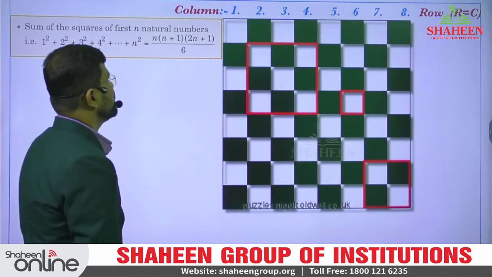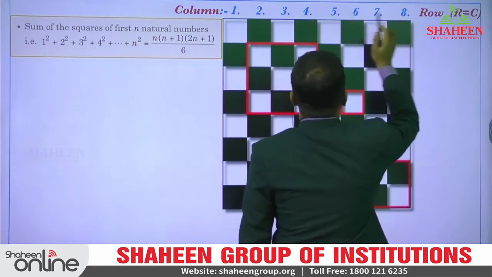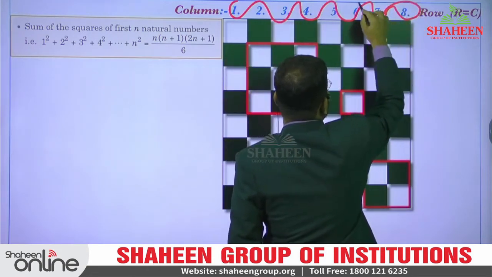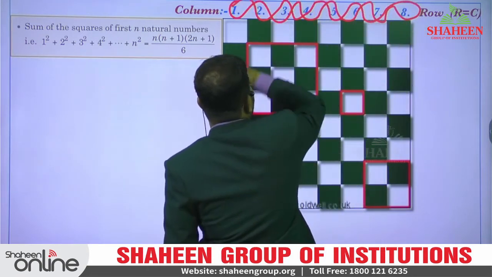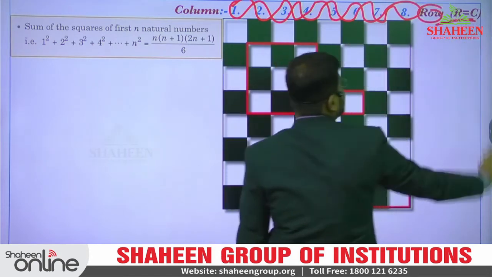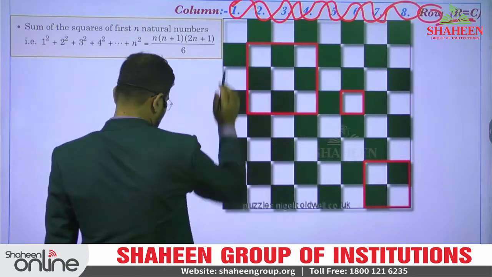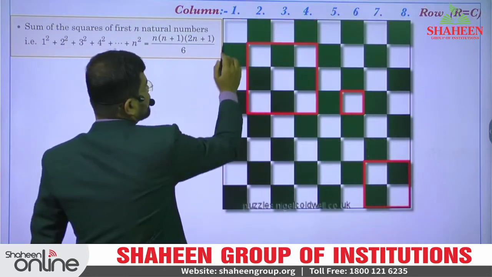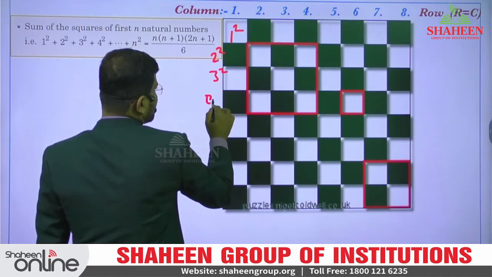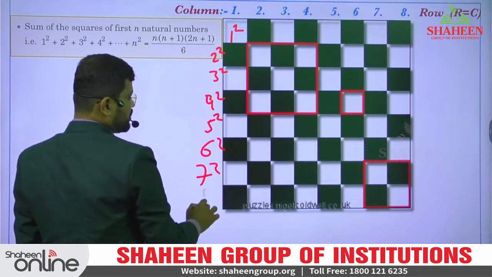Here how many rows and columns are there? 1, 2, 3, 4, 5, 6, 7, 8. So there are 8 rows and 8 columns. So now this is 1 square, 2 square, 3 square, 4 square, 5 square, 6 square, 7 square and 8 square.